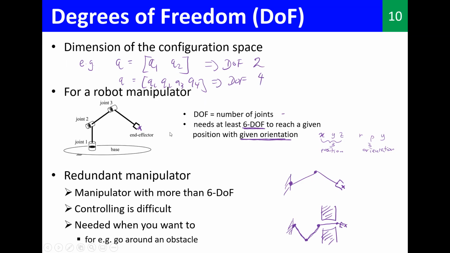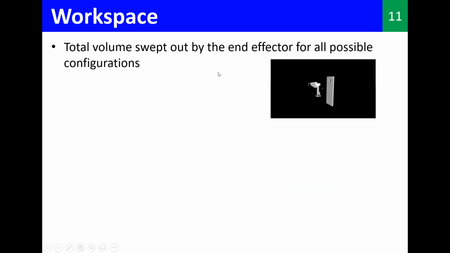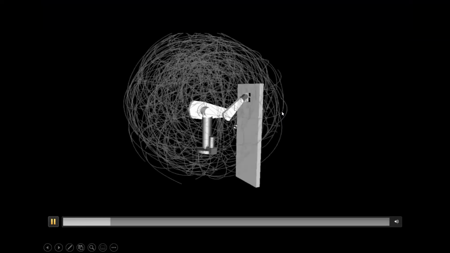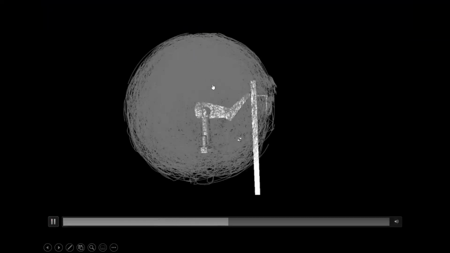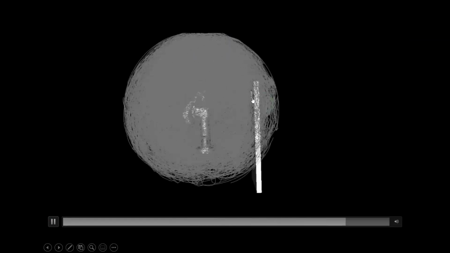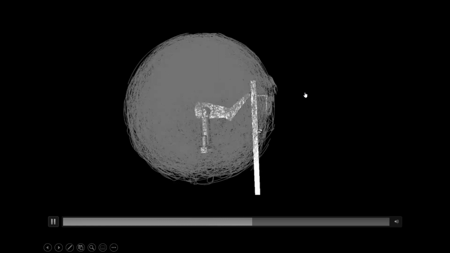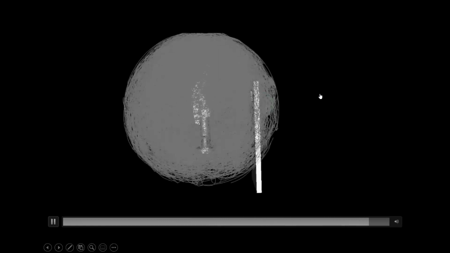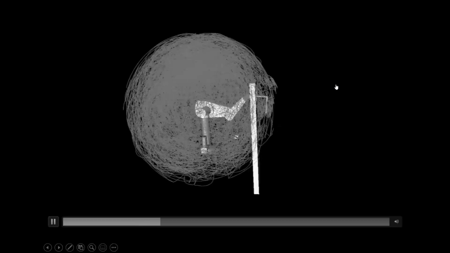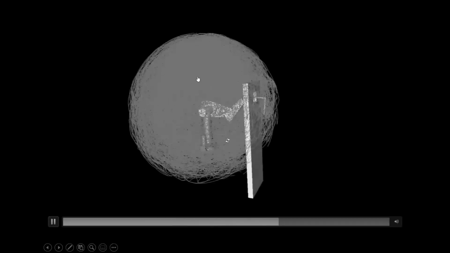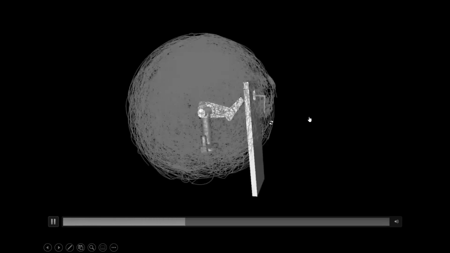Likewise, for all the configurations that we can think of in the joint space, we have the Cartesian space where the end effector is going to end up. So if I show you this, these are all the points where our end effector or the end tool will end up for different configurations, right? For this particular robot, you can see the workspace is actually spherical, right? So you can actually go to all these positions using this particular manipulator. So that is my workspace, right?